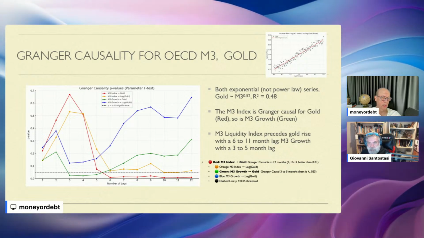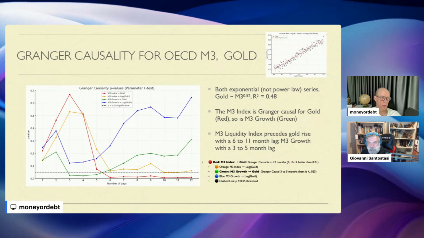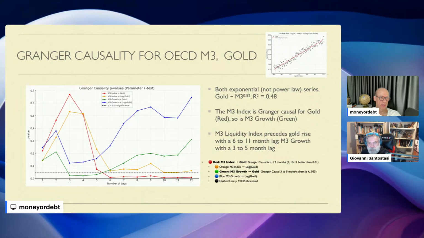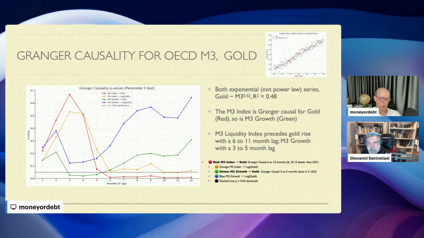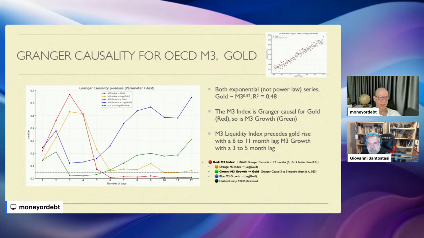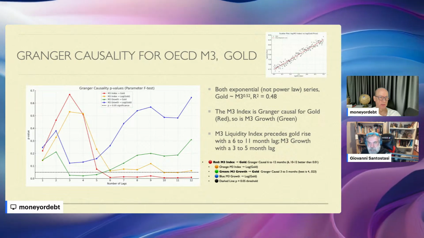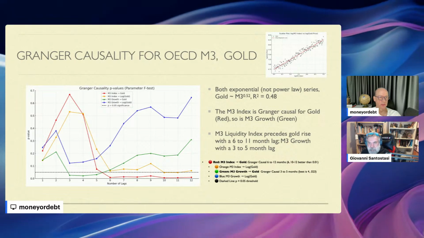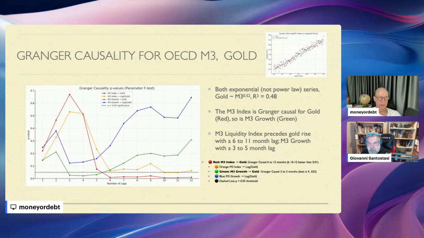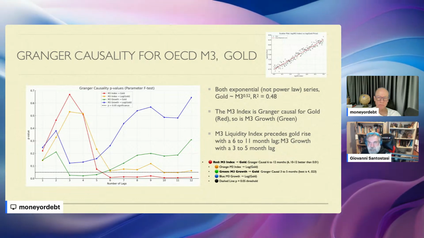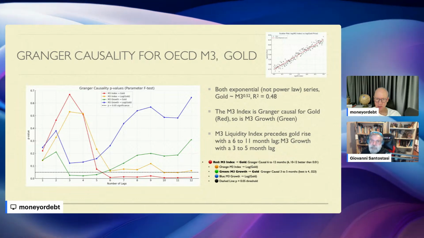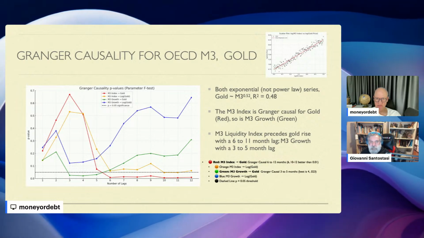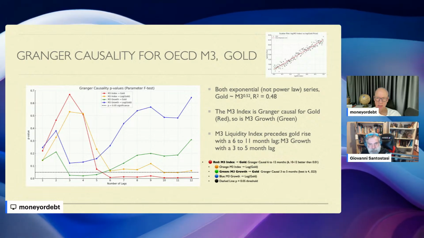So that's kind of interesting. Basically, gold is rising as the square root of the growth in M3. The R squared is not as good. There's a lot of scatter in this. It's 0.48, but there's clearly a pretty good relationship just looking at the graph. Now the causality is shown in the large chart, and there are 4 different cases.